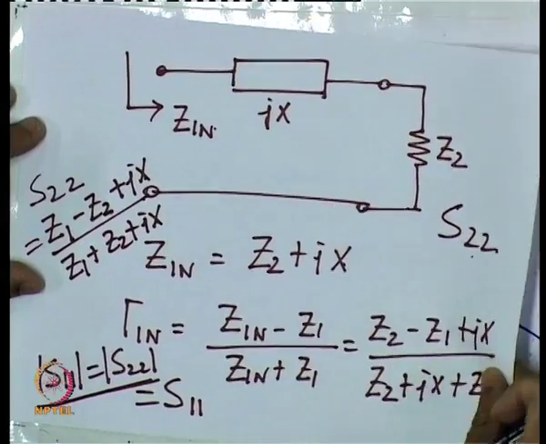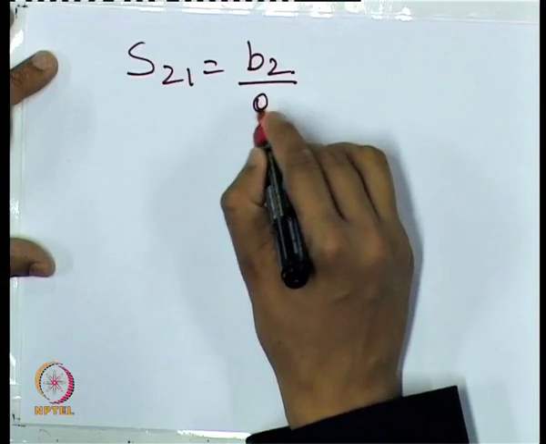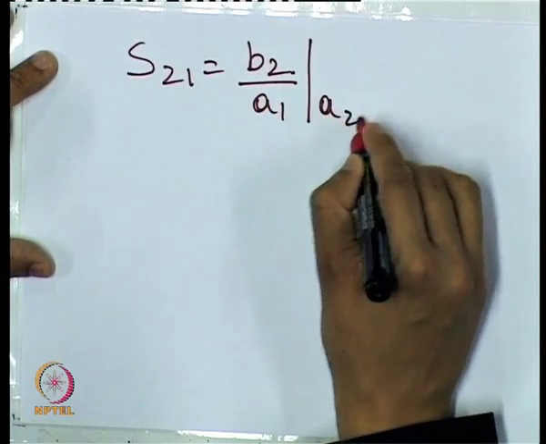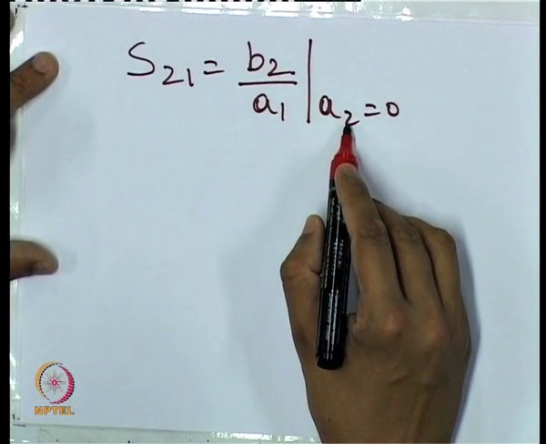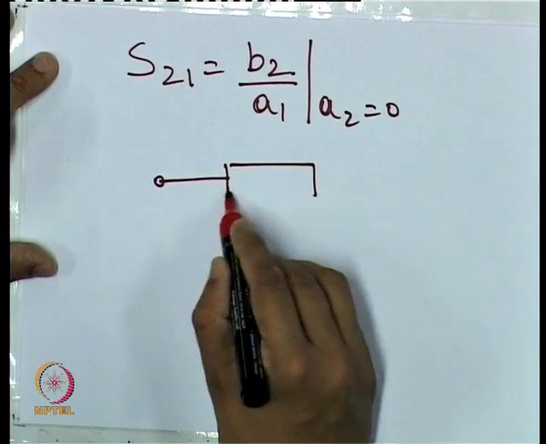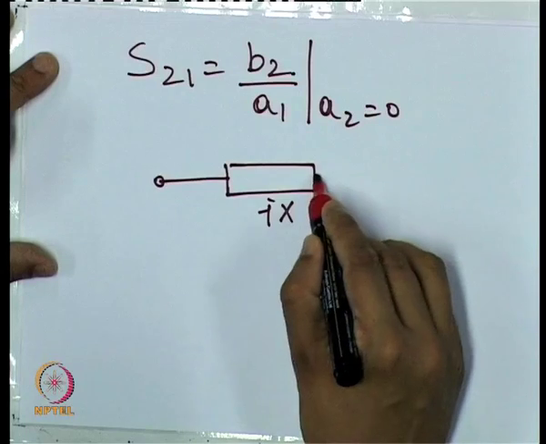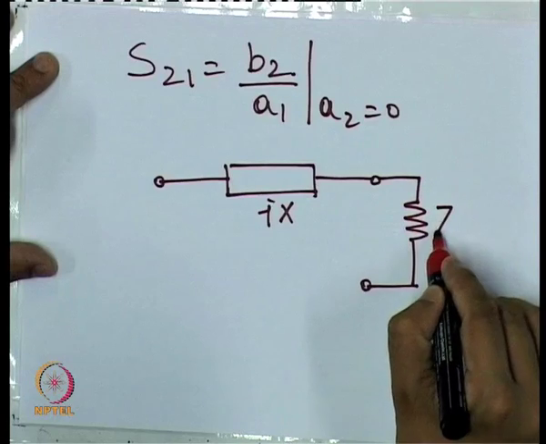If you want to find out the S21 parameter or S12 parameter, how do I do that? Let us see. Now, S21 is defined as B2 upon A1 with A2 equal to 0. So, again we need to have A2 equal to 0. Now, coming back to our circuit, we saw that in order to make A2 equal to 0, we simply connect a load Z2 like this.